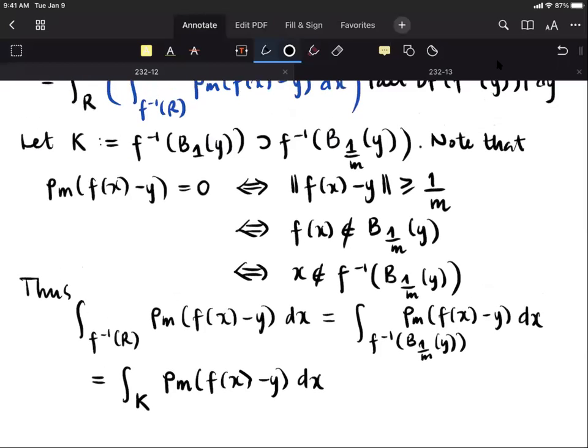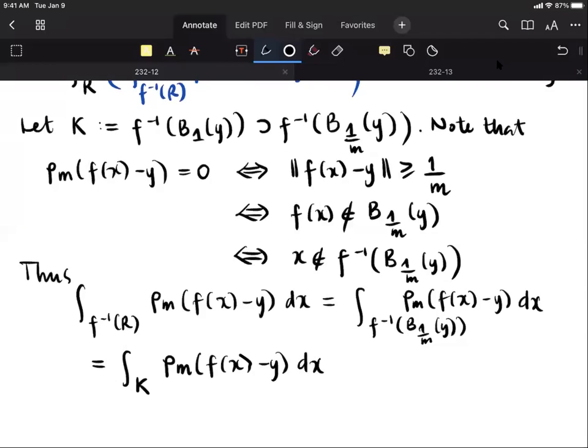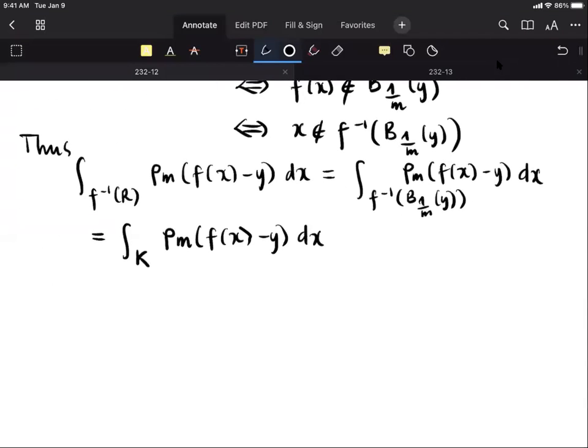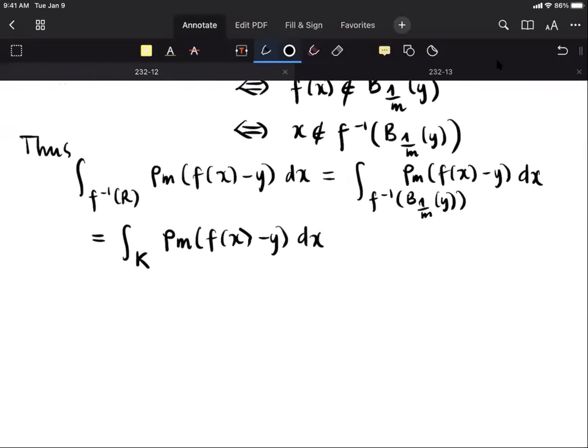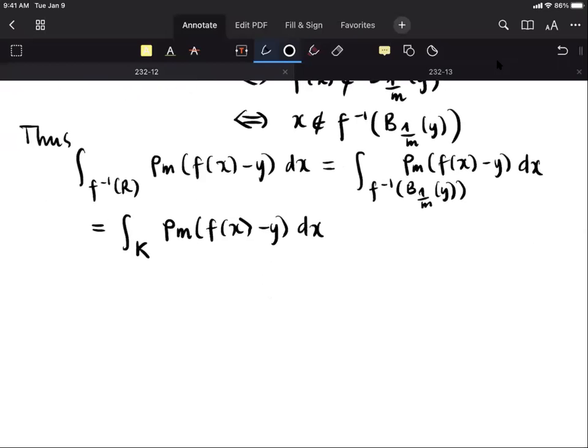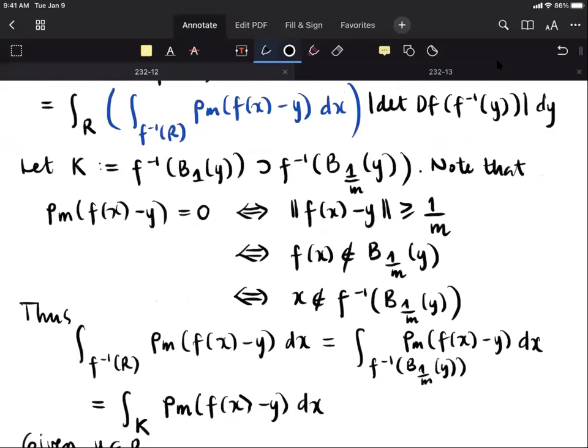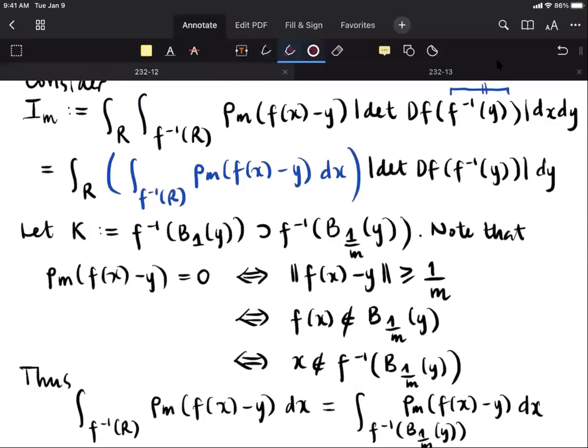Since here we just added a set where the integral is 0. So we now proceed. Let us take a y in R. By this we mean this y here.